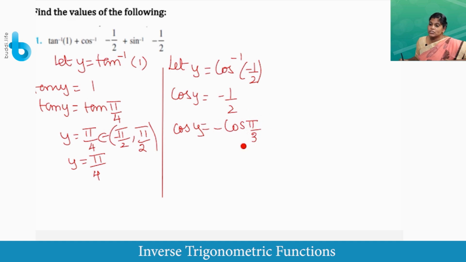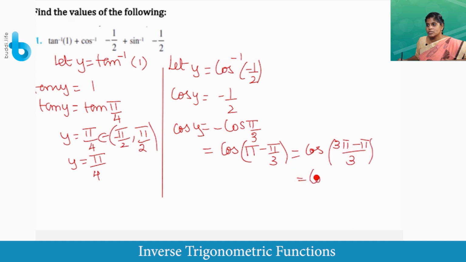If the theta is minus also, the value will become positive. So in this case we can't write negative for the theta value here, so we have to change the angle. Cos of pi minus pi by 3, which is equal to cos, take LCM, 3 pi minus pi by 3, which is cos 2 pi by 3.